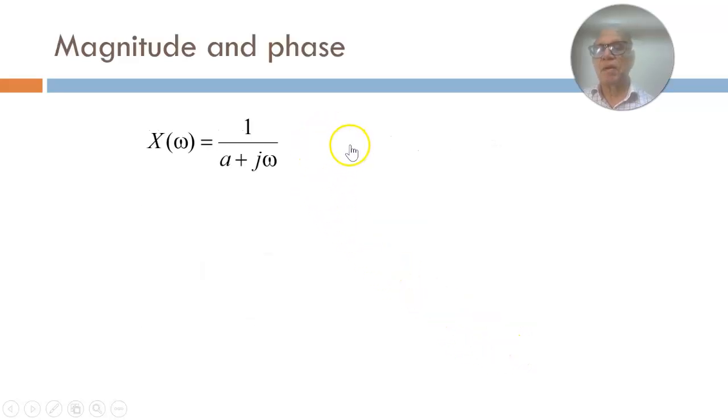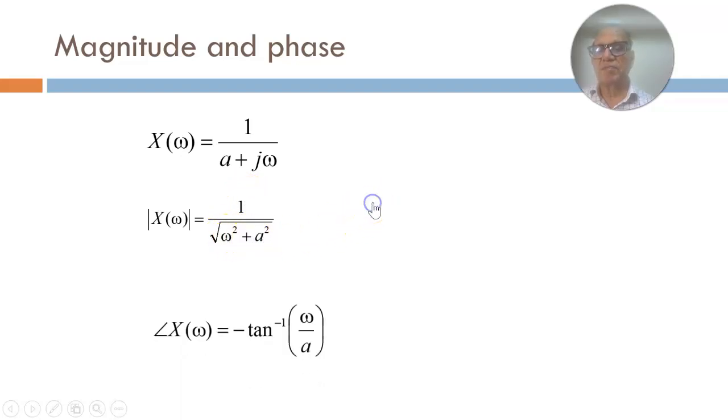So you can talk about its magnitude, which will be equal to 1 upon under root of omega squared plus a squared. Remember, for any complex quantity a plus jb, the magnitude is under root of a squared plus b squared. So in this you have a plus j omega. So the magnitude of the denominator will be under root of omega squared plus a squared.